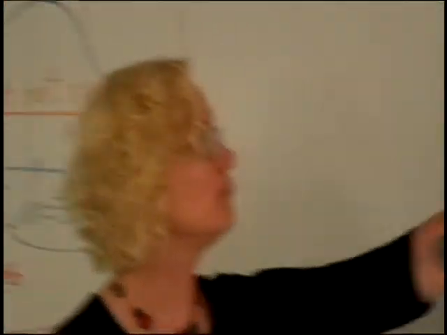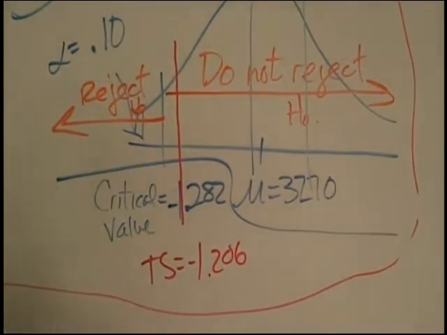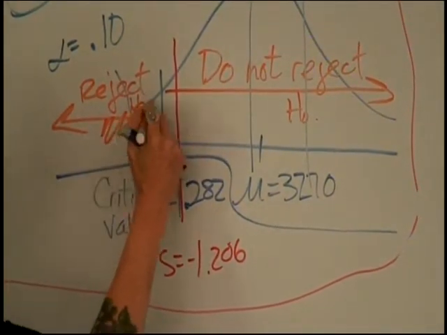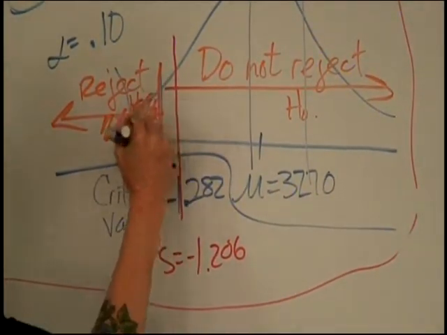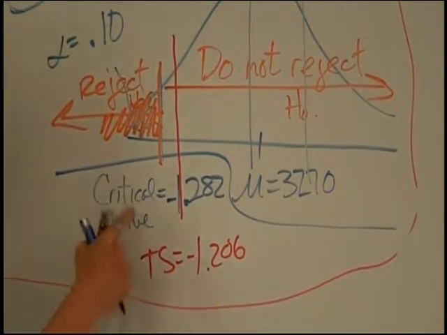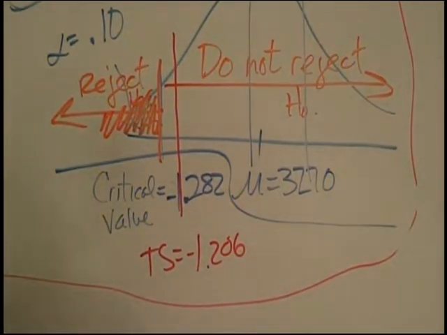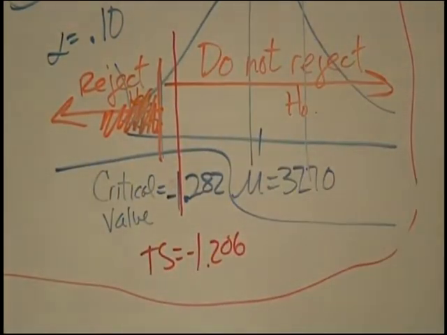In the p-value method, you're comparing the probabilities. You're comparing your alpha of 0.10, which sets your critical value, right? You're comparing that probability to what's called the p-value.